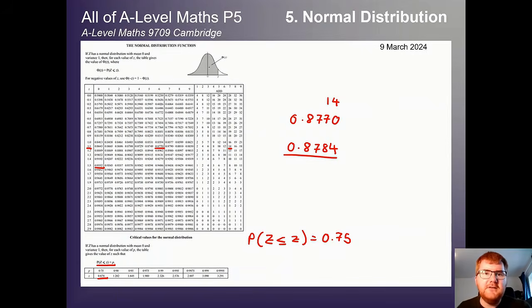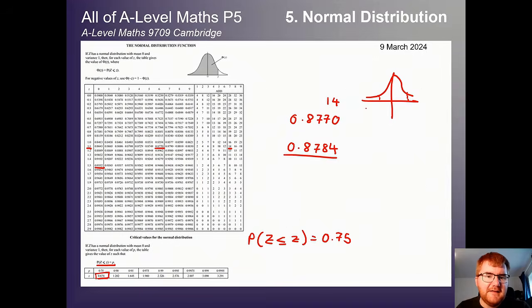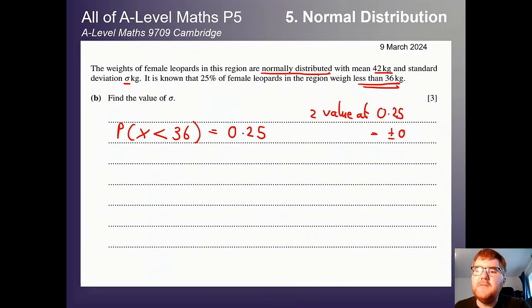Notice, because of how the normal distribution works, we have this symmetry in the middle, so essentially 0.75 will be exactly the same as 0.25, so we can still use the same value. So our z value at 0.25 is equal, depending on whether it's on the left hand side or the right hand side, to plus or minus 0.674. So this is quite a nice way to get to this straight away.